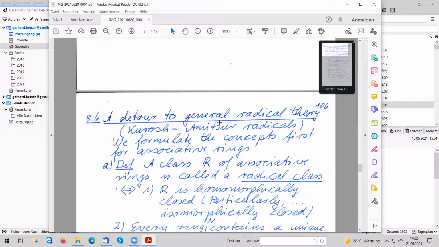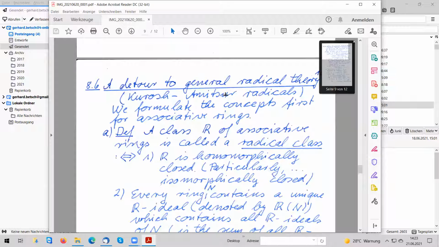Kurosh was a great group theorist and algebraist in the Soviet Union. Amitsur, I believe, was a professor in Jerusalem. We formulate the concepts first for associative rings, and afterwards you simply think of a near-ring. That's also an associative structure, but with one distributive law.